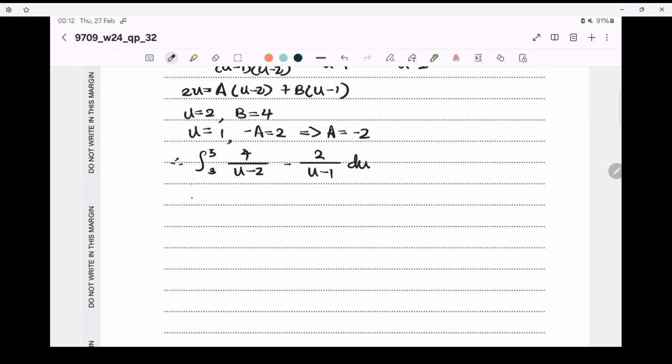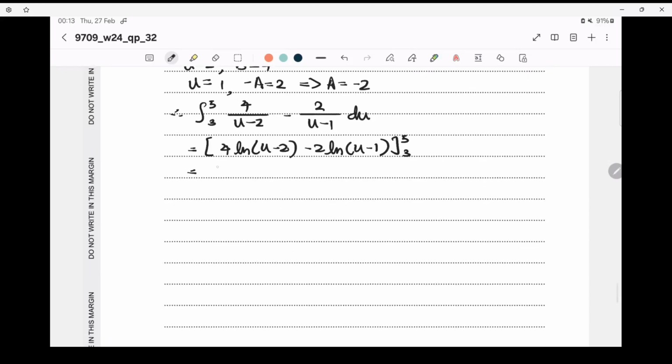So this particular integration gives you 4 ln(u minus 2) minus 2 ln(u minus 1), and then you evaluate from 3 to 5. So you have 4 ln 3 minus 2 ln 4, minus 4 ln 1 plus 2 ln 2.